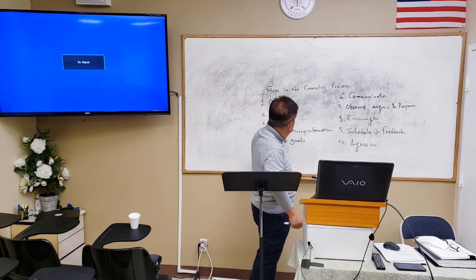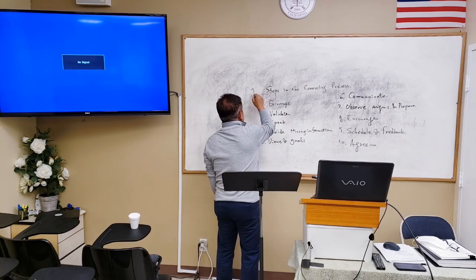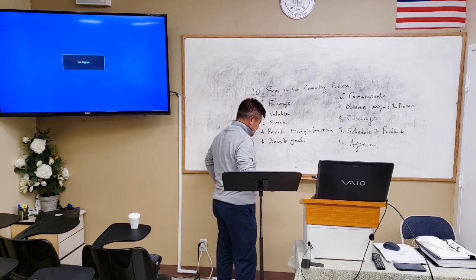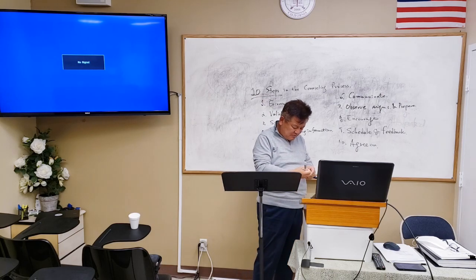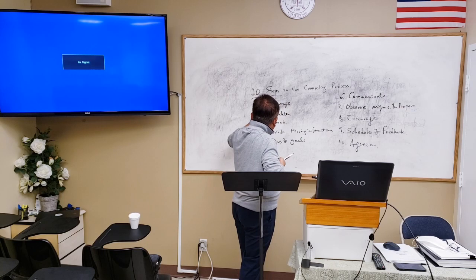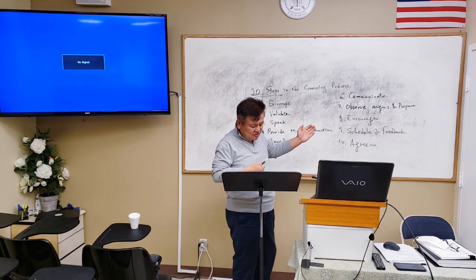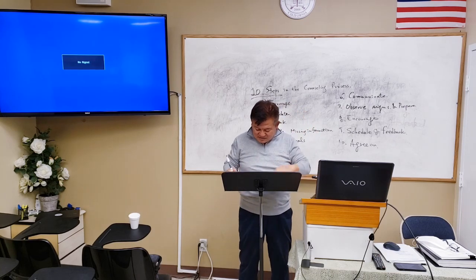So these are the 10 steps in the counseling process. Some books have 7 steps, some books 8 steps, but anyway, the sorting is that this procedure is followed. Whether it is 7 or 8 is not a concern.